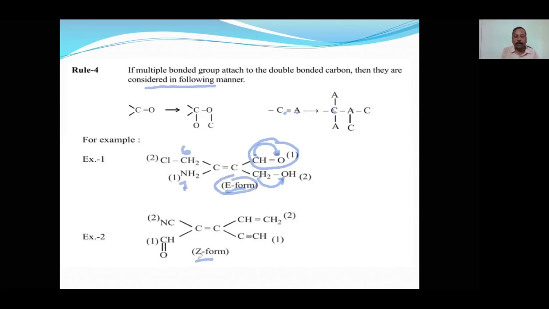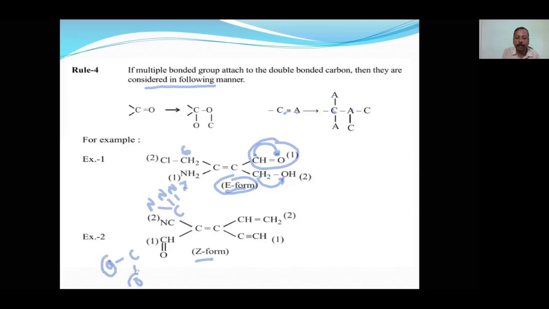And let us take the Z form. So here carbon is attached to two further oxygens, and here carbon is attached to three nitrogens. But the atomic number is different, so we should give preference to atomic number.